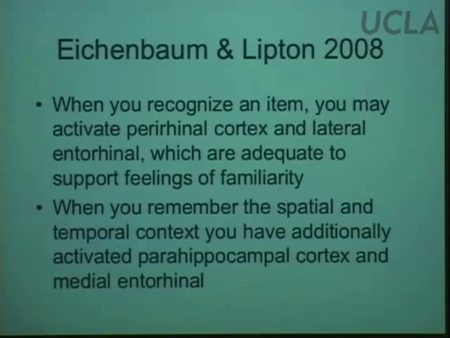And Eichenbaum and Lipton also argue it's probably about temporal context too. In that case, you're activating parahippocampal cortex and the medial part of the entorhinal. So you're getting this additional activation if you have both of those things going on. And when you have all that activation, you're going to activate hippocampus and have one of these more episodic memories.